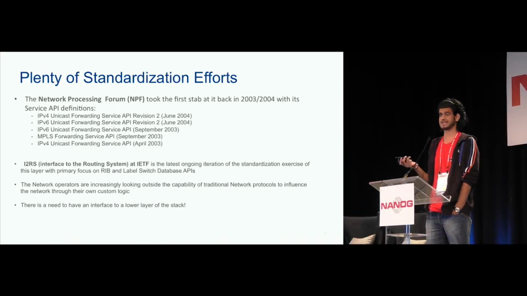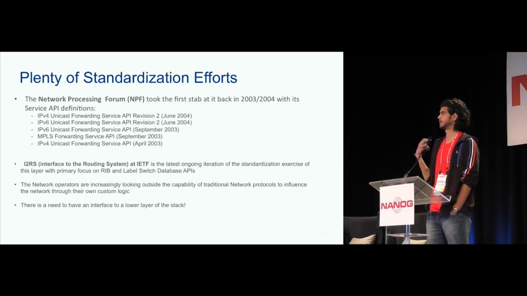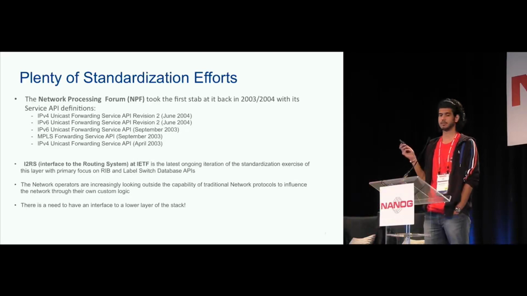But they took the first stab at creating APIs at the network infrastructure layer. So think about APIs around RIB, around the label switch database, the APIs on the interfaces, notifications, etc. Some of the links that I've provided here would be good to take a look at to see what was actually done around the 2003-2004 timeframe.